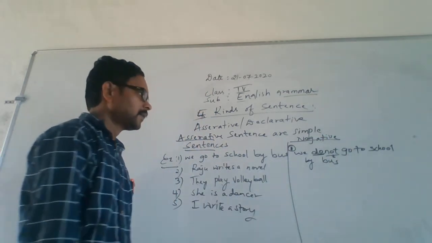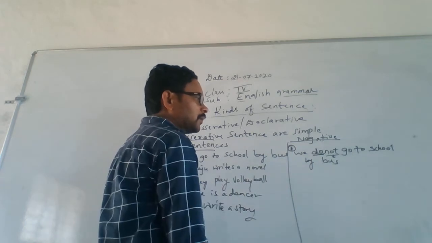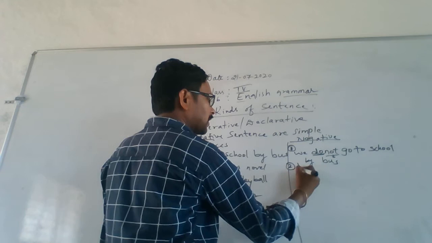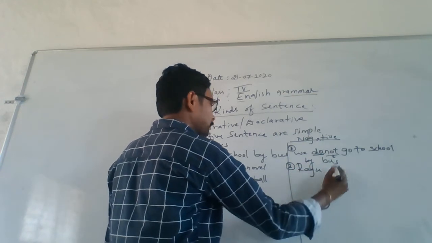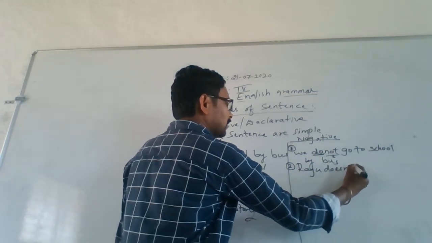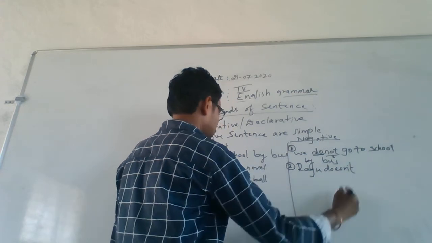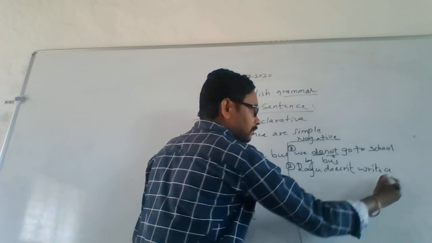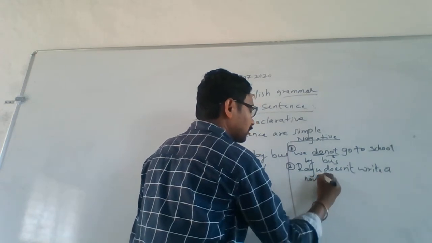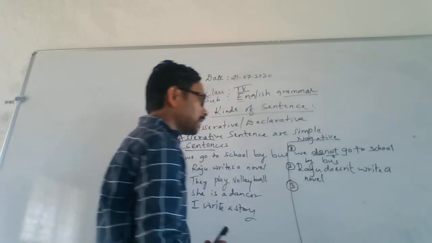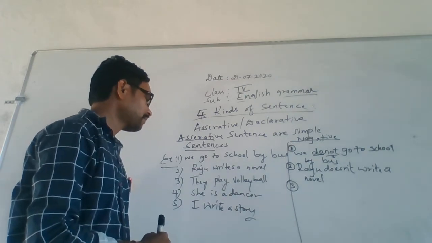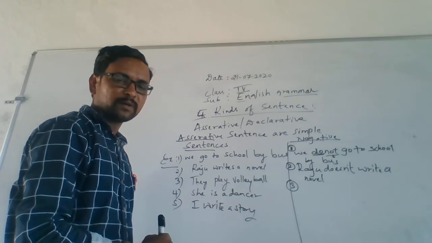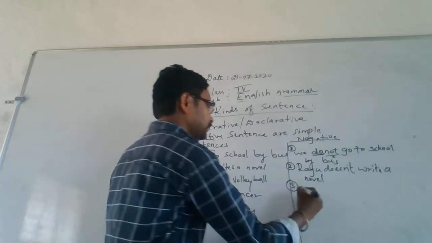Is it understand? We do not go to school by bus. Negative. Second example, Raju doesn't or does not write a novel. Third example. How you make it negative? Tell me. They play volleyball.